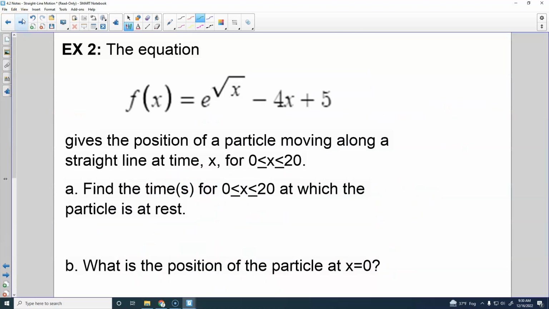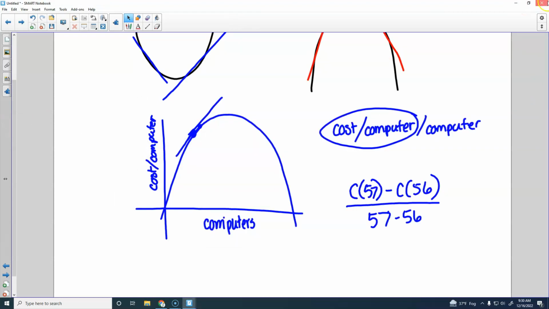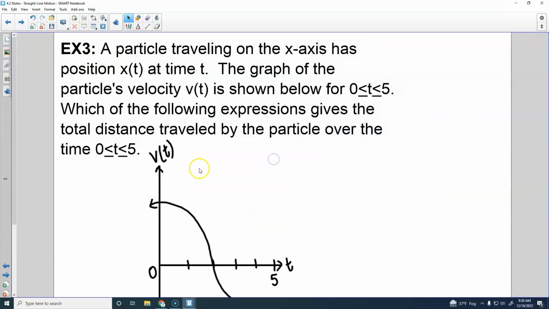All right, let's look at this one, and I think I meant for it to be calculator active. So let's grab our calculators here.